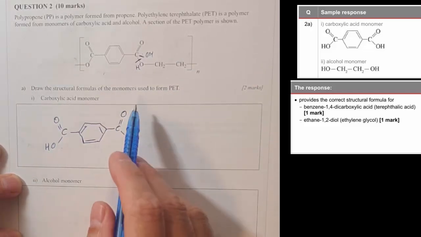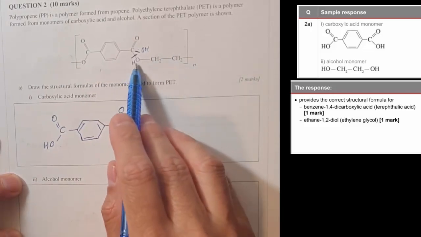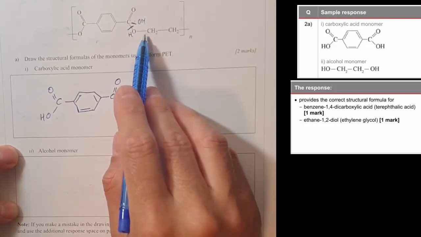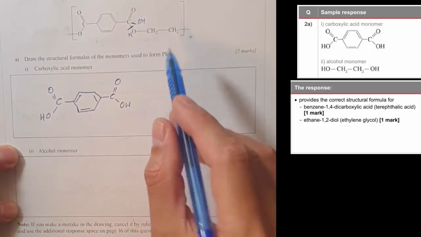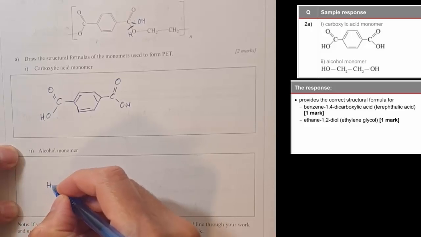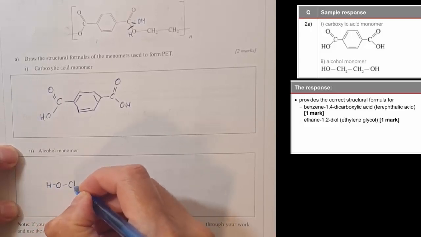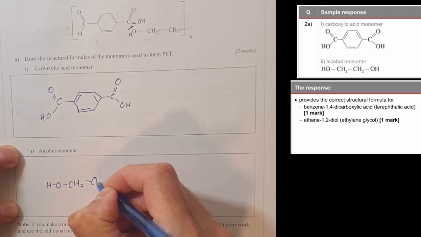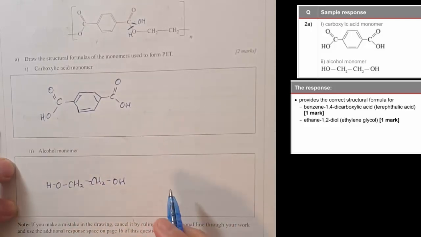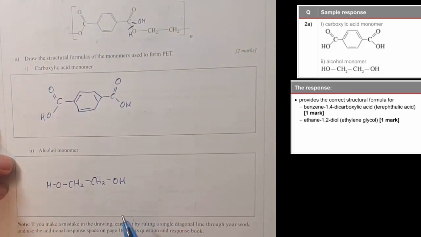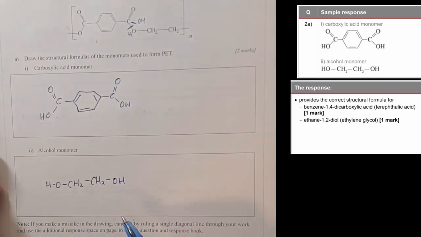And then just doing the same thing over here. Must be the alcohol over here, so just mimicking the one above exactly. And then there must be an alcohol there, so that should be fine. Just checking. Correct structural formula.